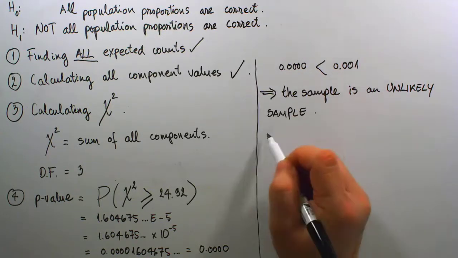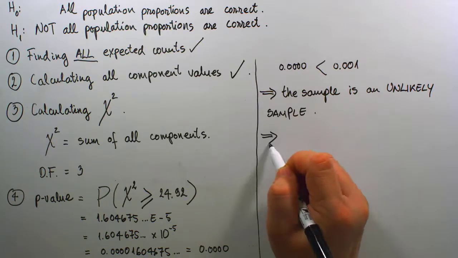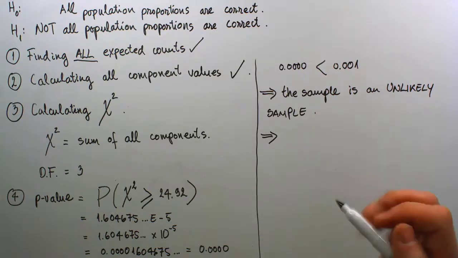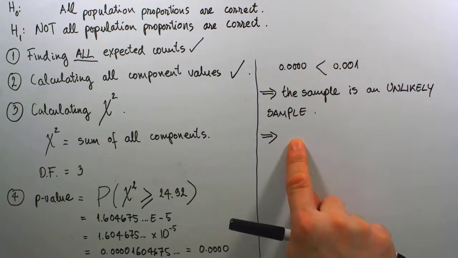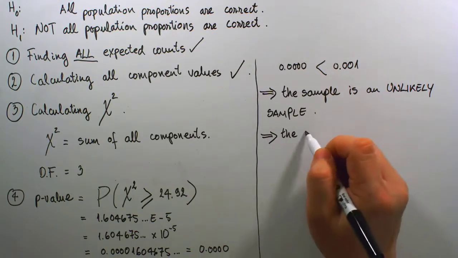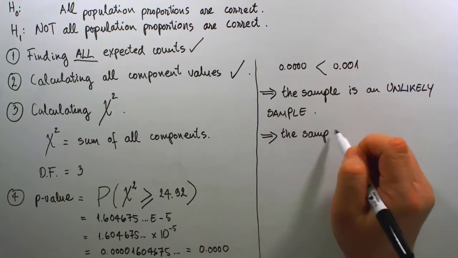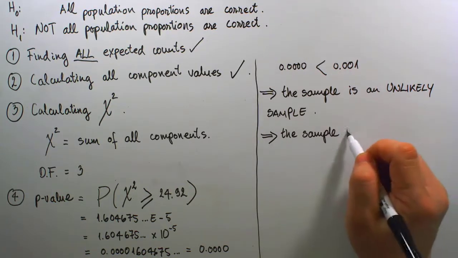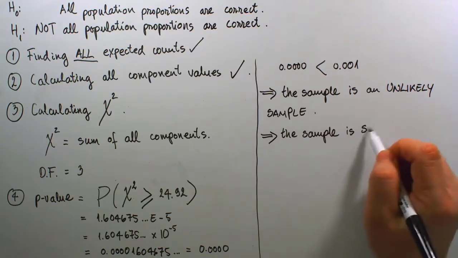And so in that logic I just made, it leads to a further decision that the sample itself is showing strong evidence.